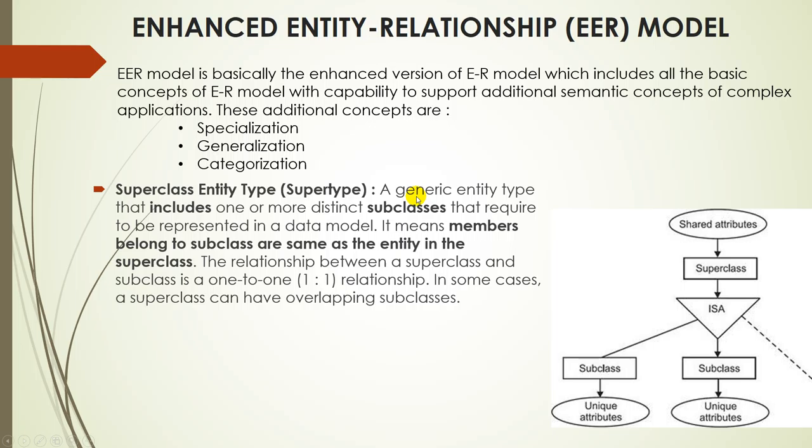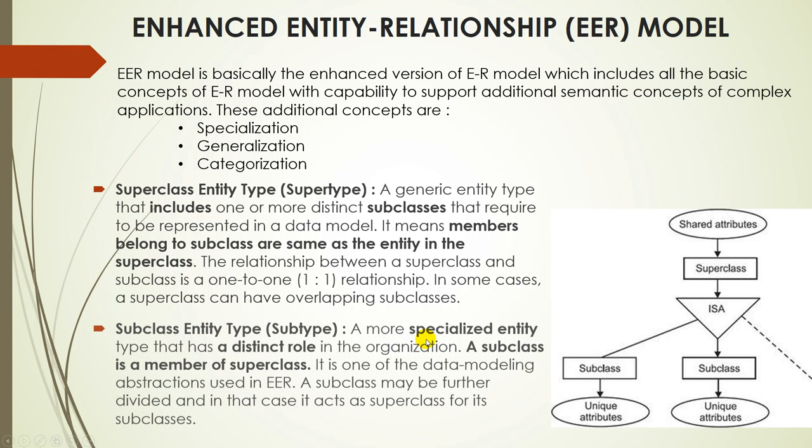This is a general or generic entity type, including one or more distinct subclasses that need to be represented in a data model. It means members belonging to a subclass are the same as the entity in a superclass. The relation between a superclass and subclass is one-to-one. In some cases, a superclass or parent can have overlapping subclasses.